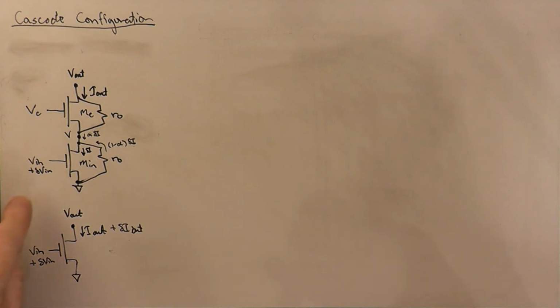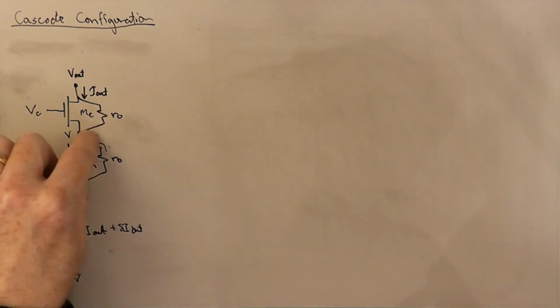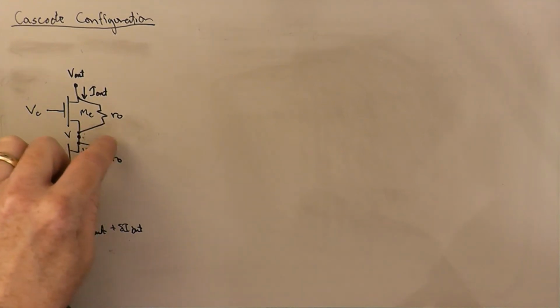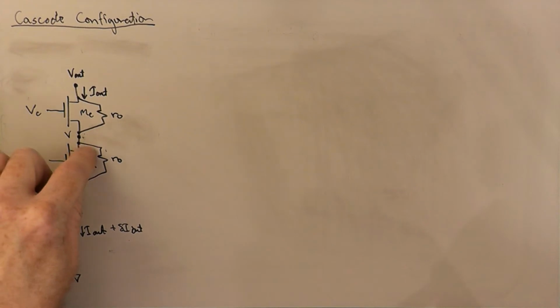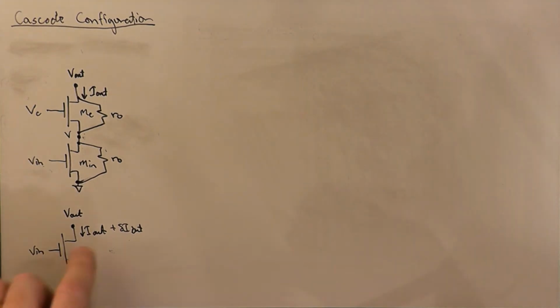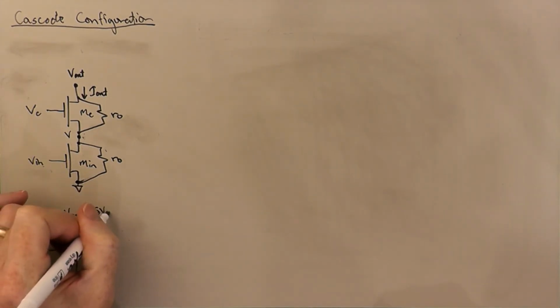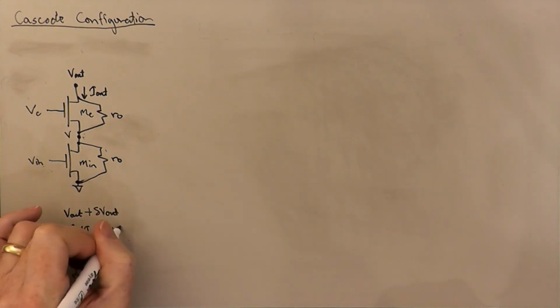Okay, so for the R out part of the calculation, we take away our current increments here. What we're going to do is change the output voltage by a little delta V out and see how much current flows back in.